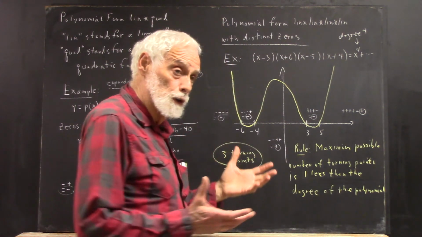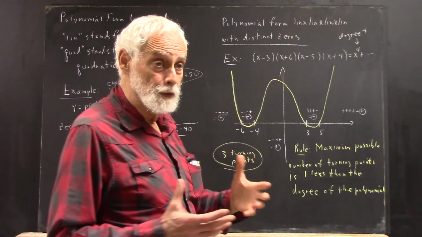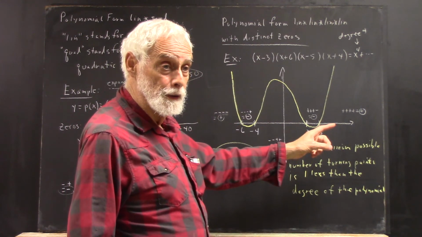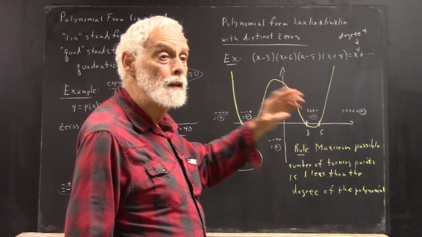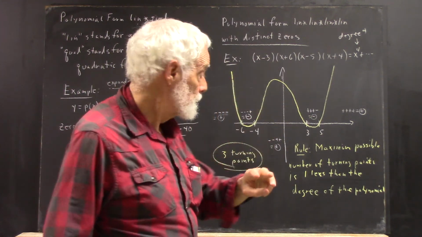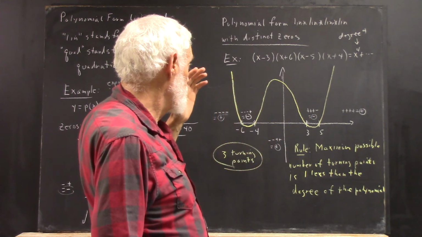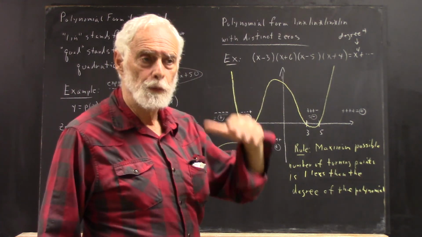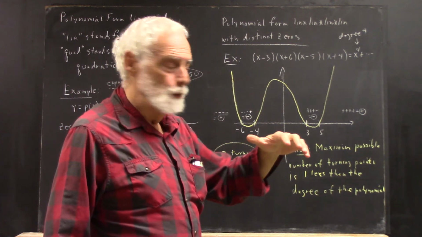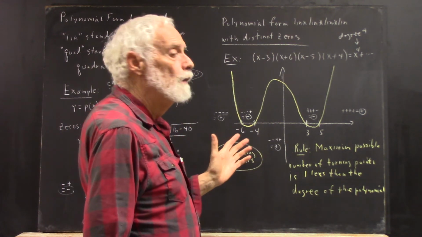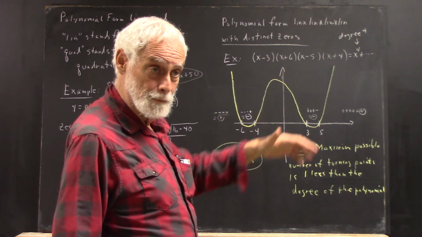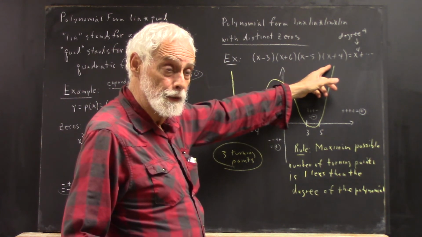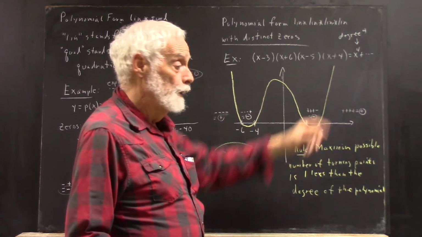Okay, what could it look like? If we had 5 distinct linear factors, we could have 5 zeros, which means we could have as many as 4 turning points. Okay? Whatever your number of linear factors is, you can have that many turning points minus one.